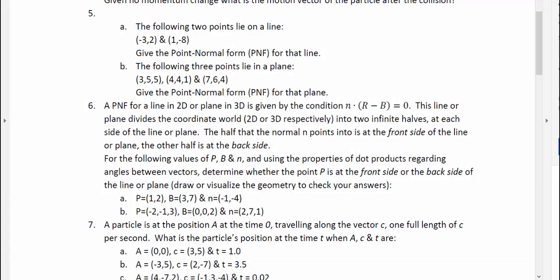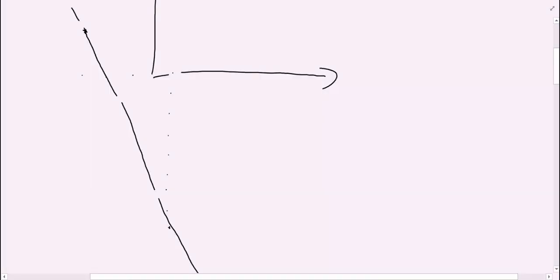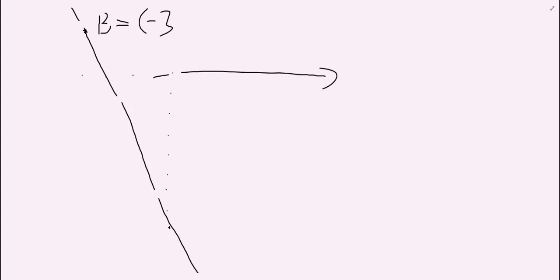And the question is, give the point normal form for that line. Okay, so now we can just call this point here B, and it equals minus 3, 2.